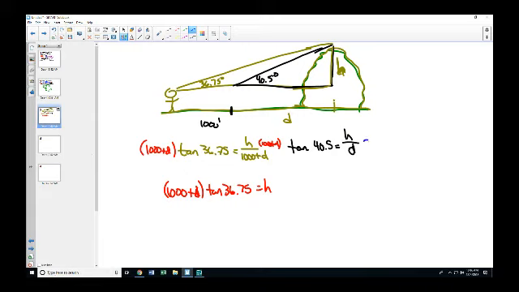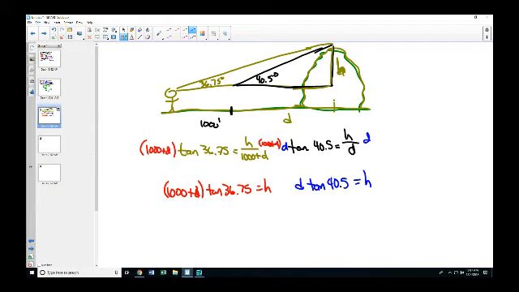This one I'm going to multiply by D on both sides. How am I going to combine those two by substitution to solve a system? Anybody?